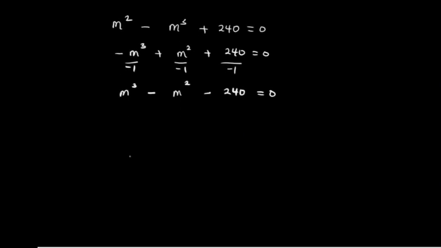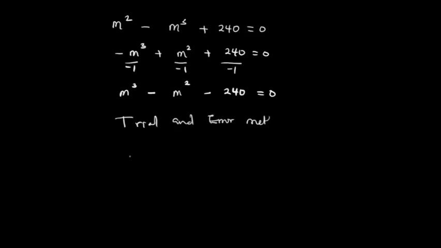So the next thing I'm going to do is use the trial and error method to solve this. Because I'm going to guess a number such that if we input the number for m and carry out the operation, then we are going to get 0.